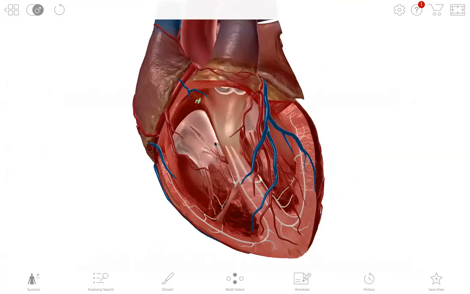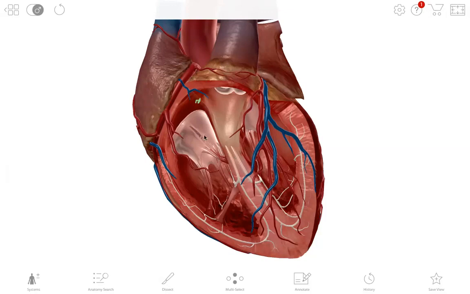It consists of several borders and surfaces, and also chambers. We have 4 chambers, 2 atria and 2 ventricles, and we have a septum in between, which is called the interatrial septum above and the interventricular septum below.